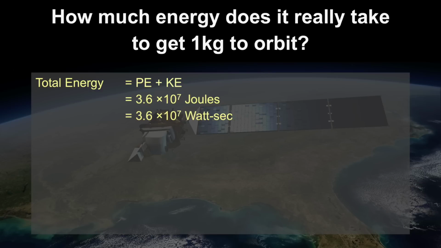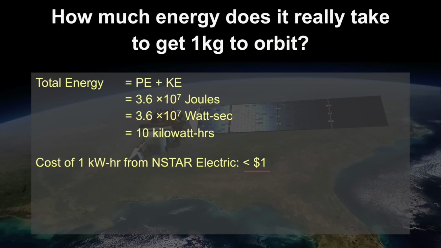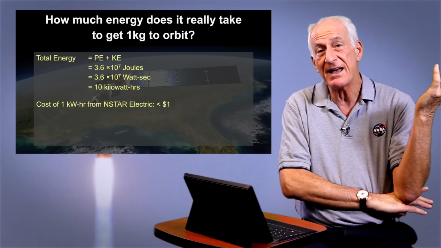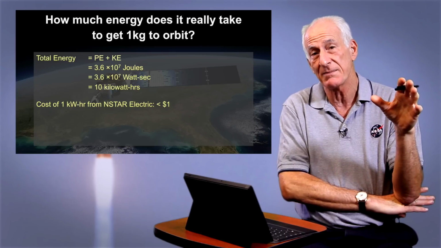And we can convert that into kilowatt hours, which is the units that we use to measure electrical energy consumption. Typically, I pay maybe a little more than 10 cents a kilowatt hour. So 10 kilowatt hours, that costs about $1. That's the amount of energy that it takes to get 1 kilogram into orbit.